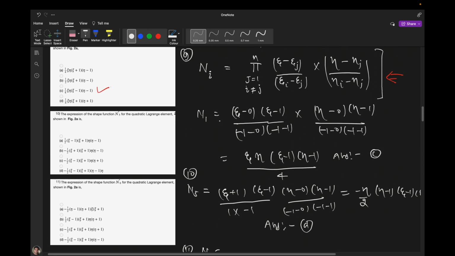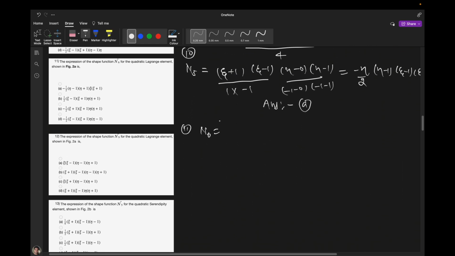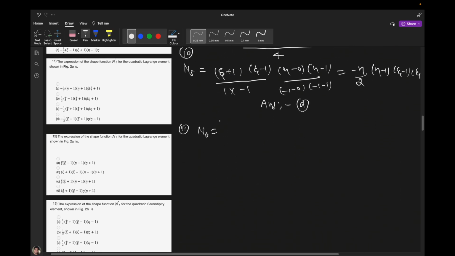So again we will use the same thing, and when we simplify it, you will get xi minus 0, xi plus 1 divided by 1 minus 0 and 1 plus 1 into eta minus 1, eta plus 1 divided by 0 minus 1 and 0 plus 1.